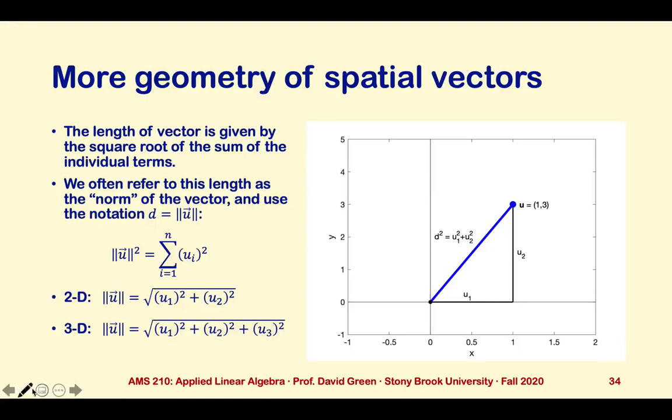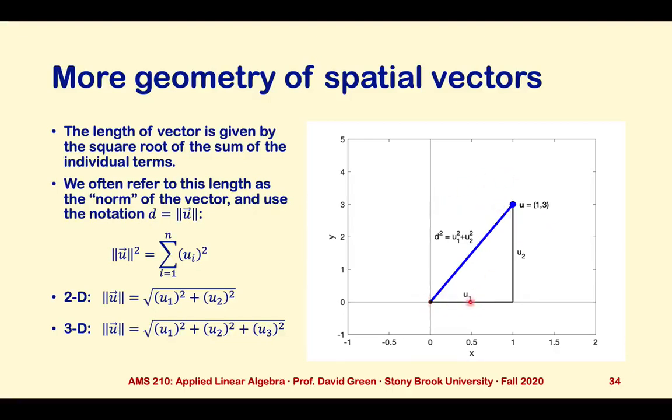So if we have a spatial vector, a directed line segment from the origin to some point, again, I'm using the example of vector u equals (1, 3) in a two-dimensional space here. The length of this line would be given as the square root of the sum of the individual terms.